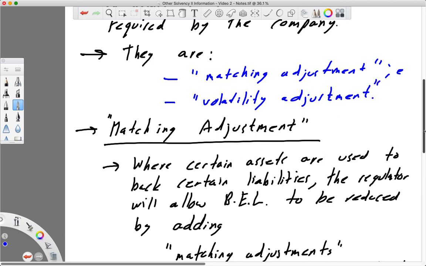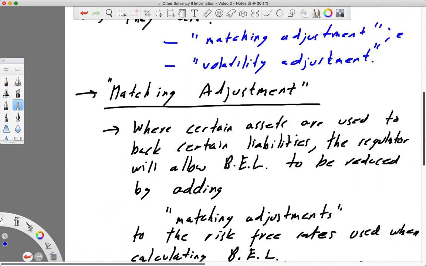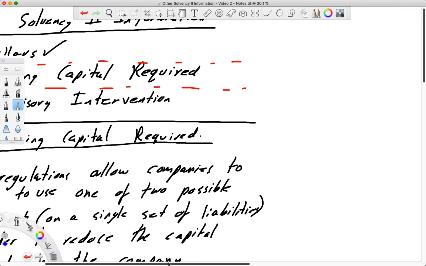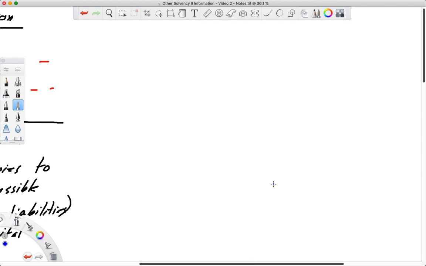So let's go up to the top and start over on the right hand side to cover this. This is our volatility adjustment.